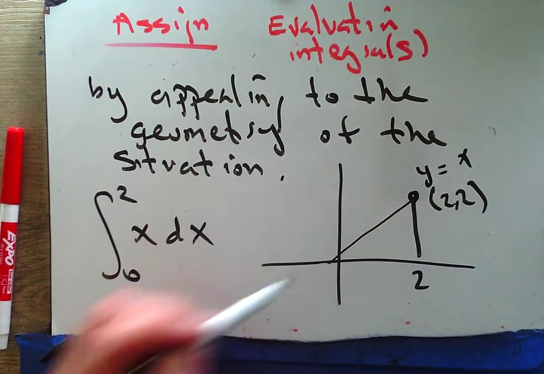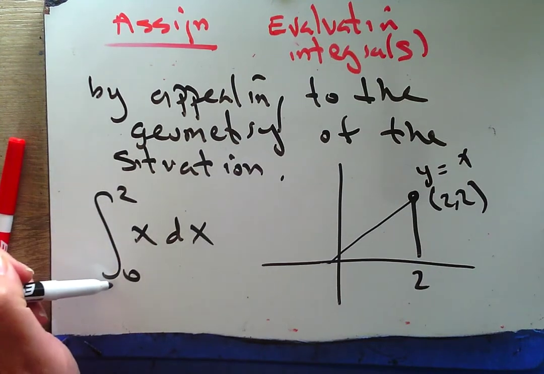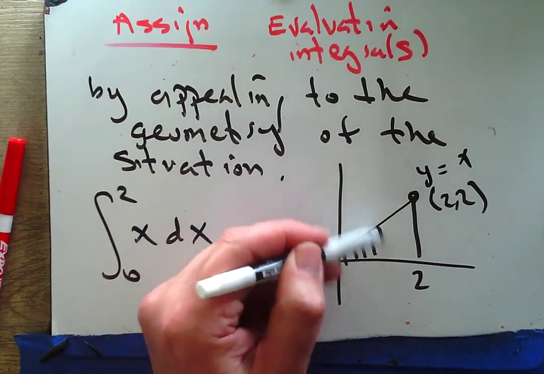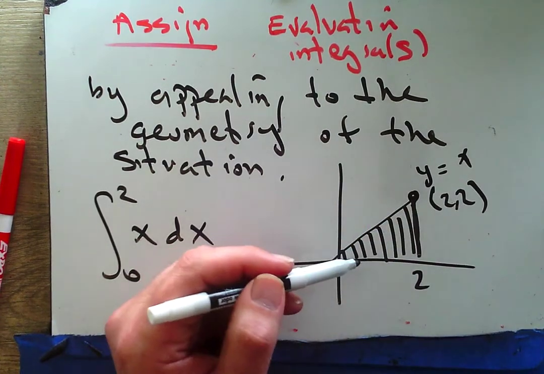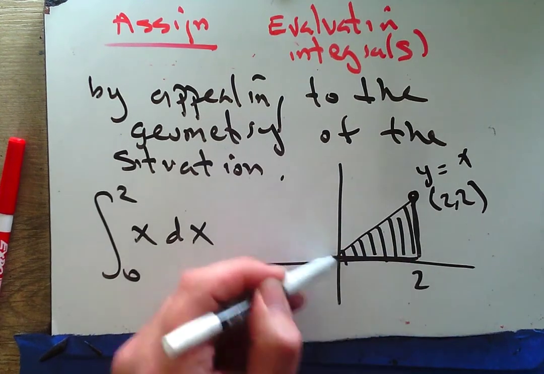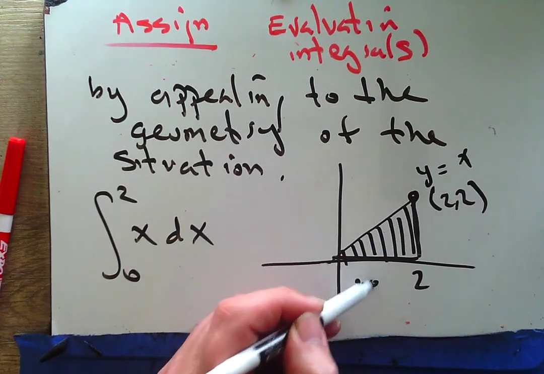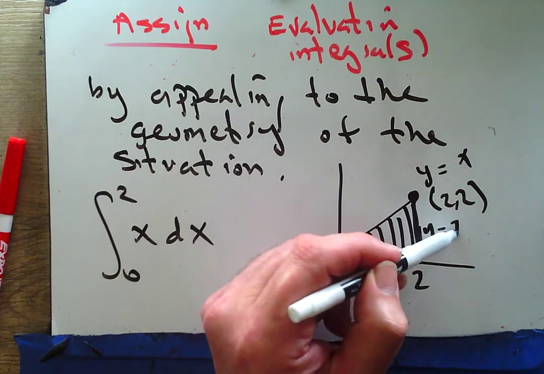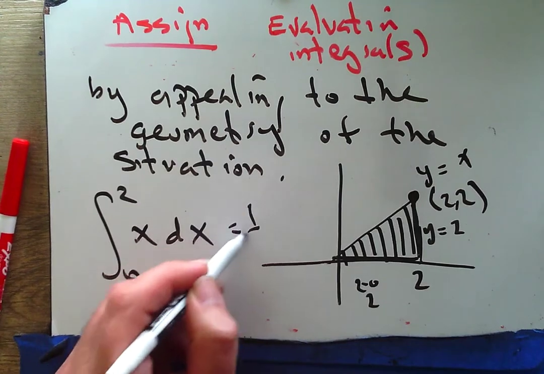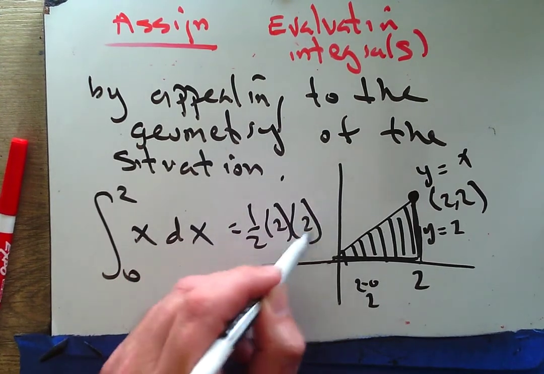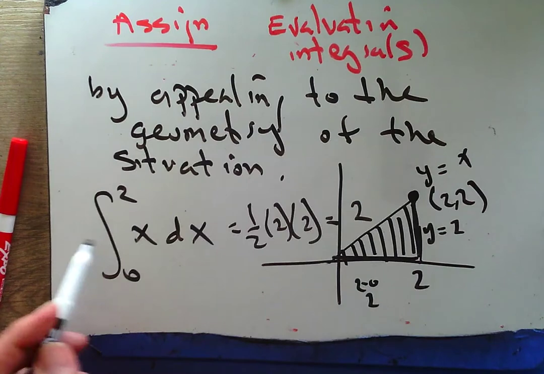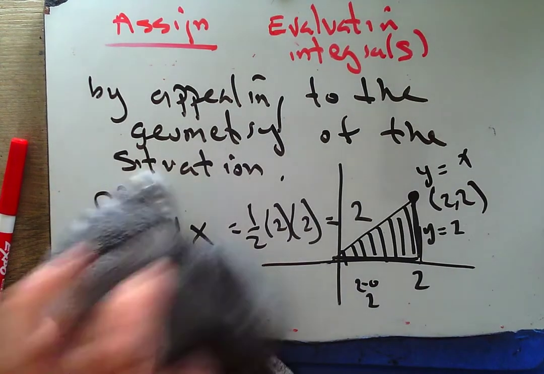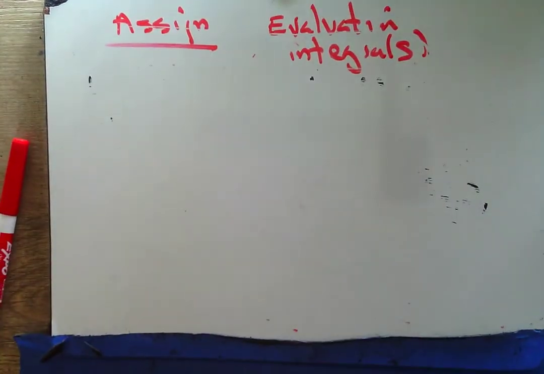So if I'm asking what's the area under the curve from 0 to 2 on this function, that's just the area of the triangle, whose base is 2 minus 0, or 2, and whose height, the y value here, is also 2. So this is going to be 1/2 base times height, or 2. See, I can evaluate an integral because I know that integral represents the area under the curve.